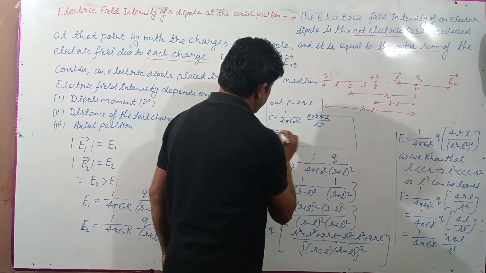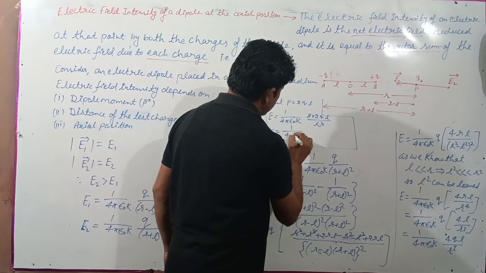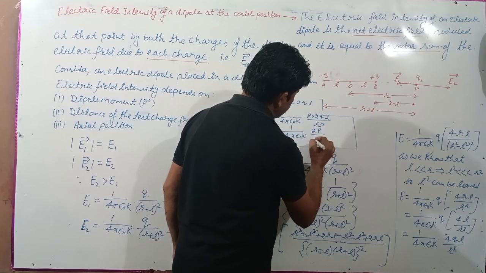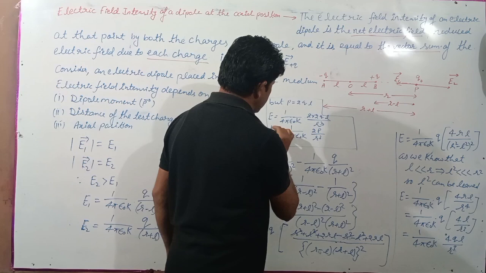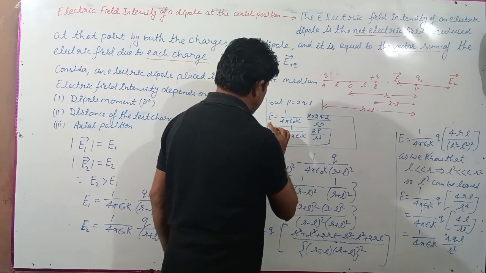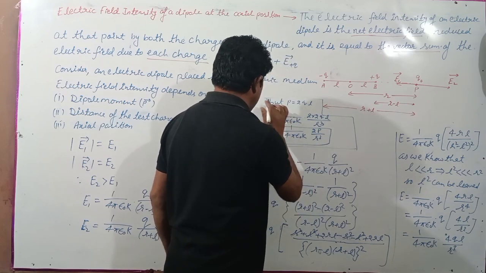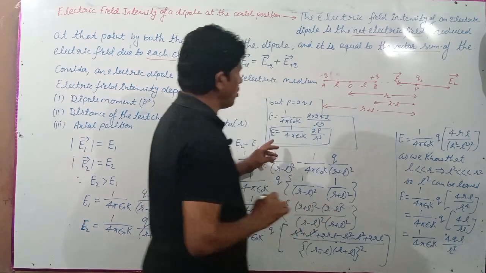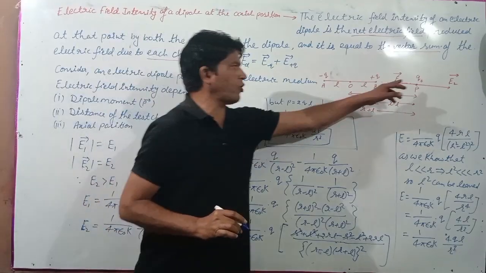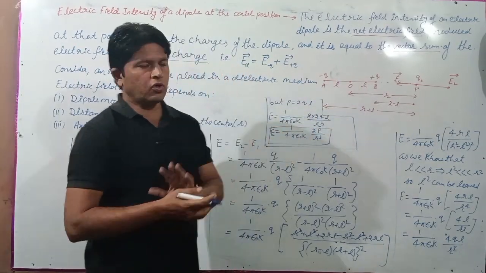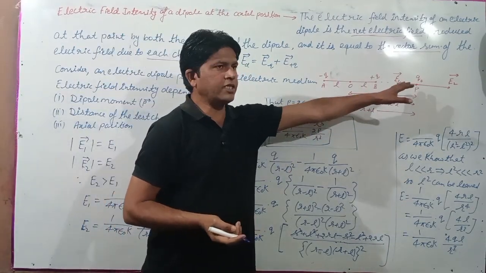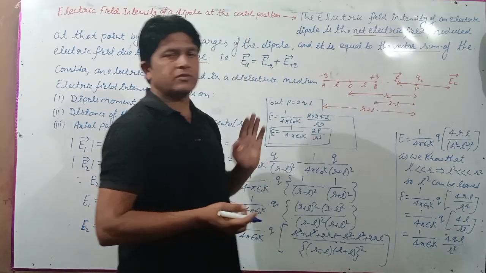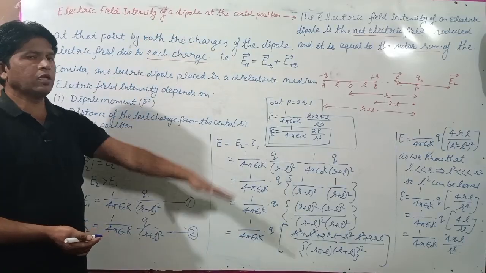Again E is equal to 1 upon 4 pi epsilon naught K 2P upon R cube. Here is our formula of net intensity at this point by these two charges. So we call it the intensity produced by this dipole at this point. Please note down this whole derivation.